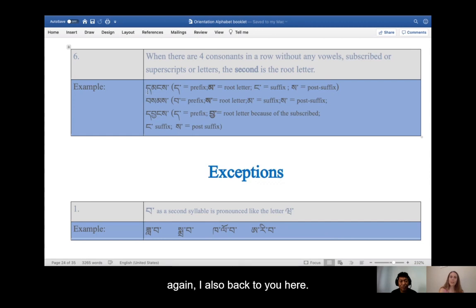So Genla, also back to you here. So prefix ta and root letter ma, and then nga suffix, and then sa as post suffix. Okay, so ta, ma, nga, sa, mang.